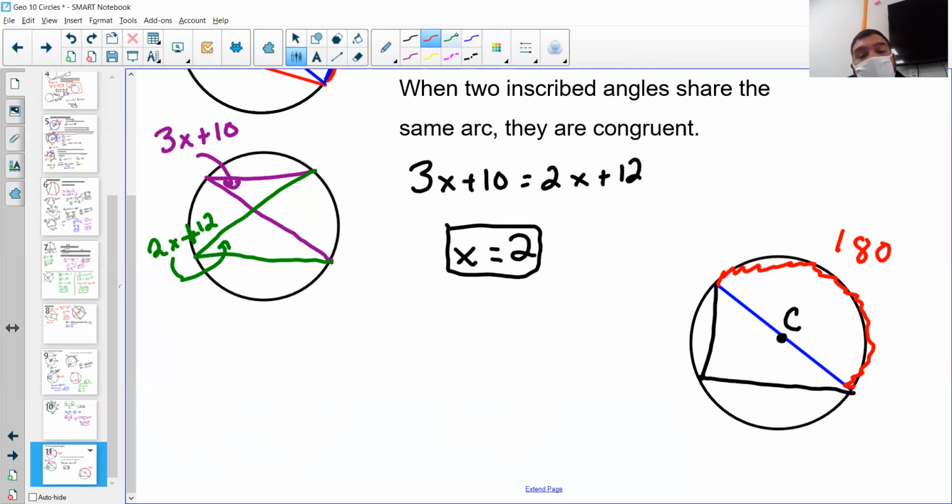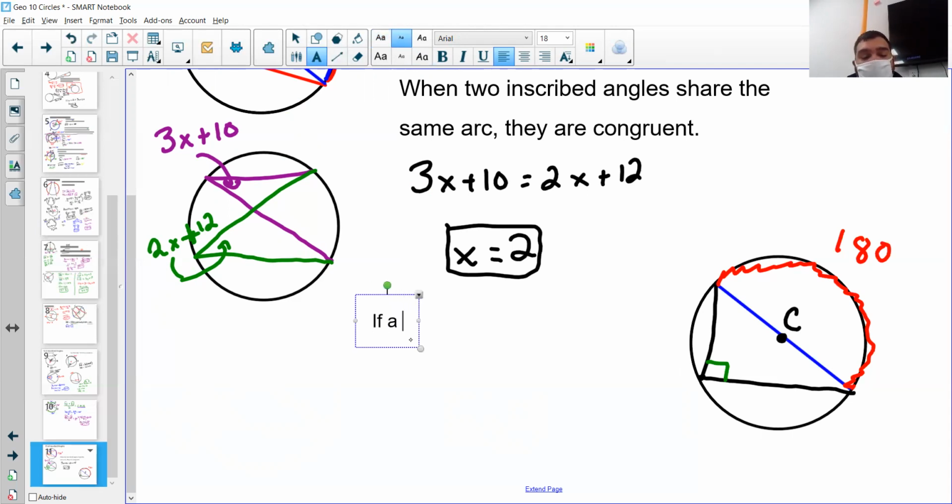And what do we call a triangle with 90 degrees? A right triangle. And this is always going to happen when one of the sides, particularly the hypotenuse, is a diameter. So we have a new rule.